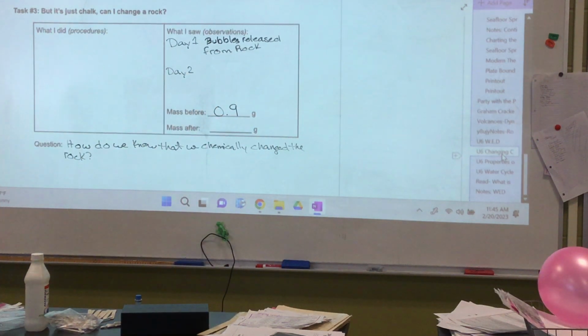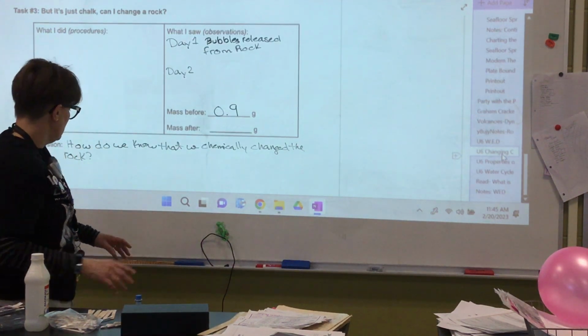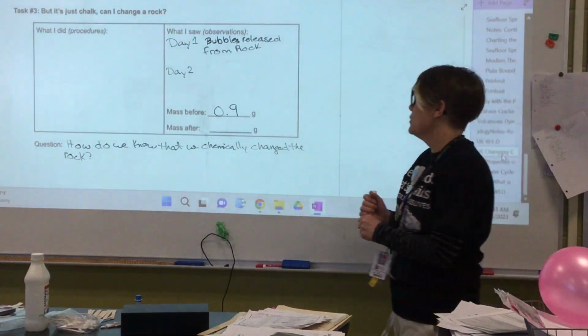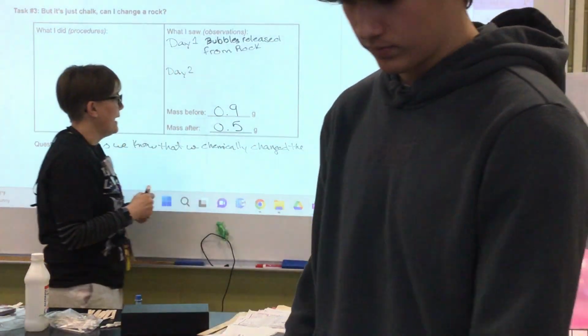Hopefully you had time to answer the question, how do we know that we chemically changed the rock? Keegan, can you tell me what was this after it had been sitting? 0.5. So we went from 0.9 to 0.5 in that one group.